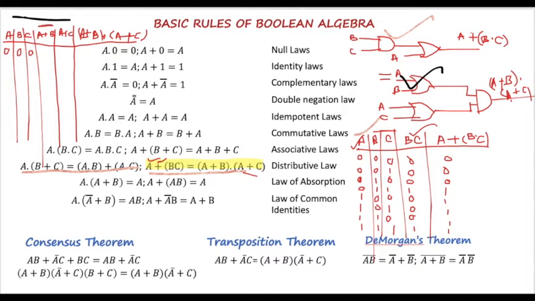So AB is this A and B, and A and C is AC.